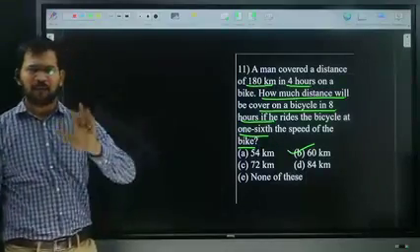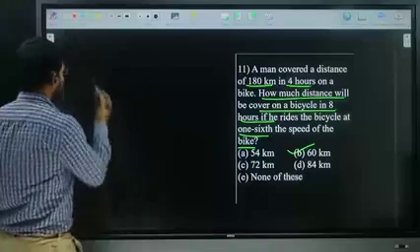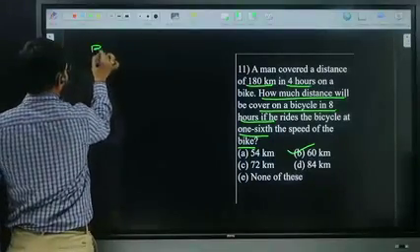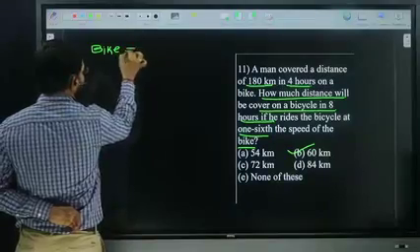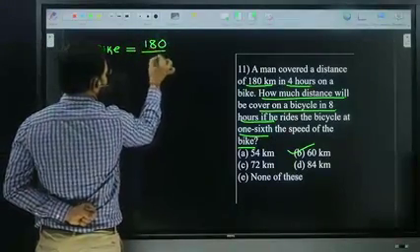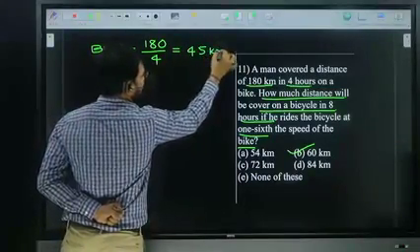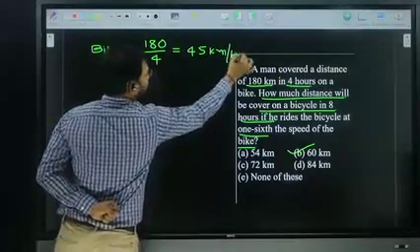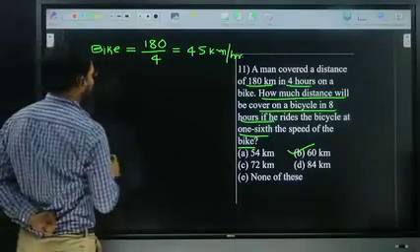In the exam we are going to attack directly like that, but I will explain once again here. Look at me first of all. So here the bike speed is 180 kilometers in 4 hours, which is 45 kilometers per hour. Now I need the bicycle.